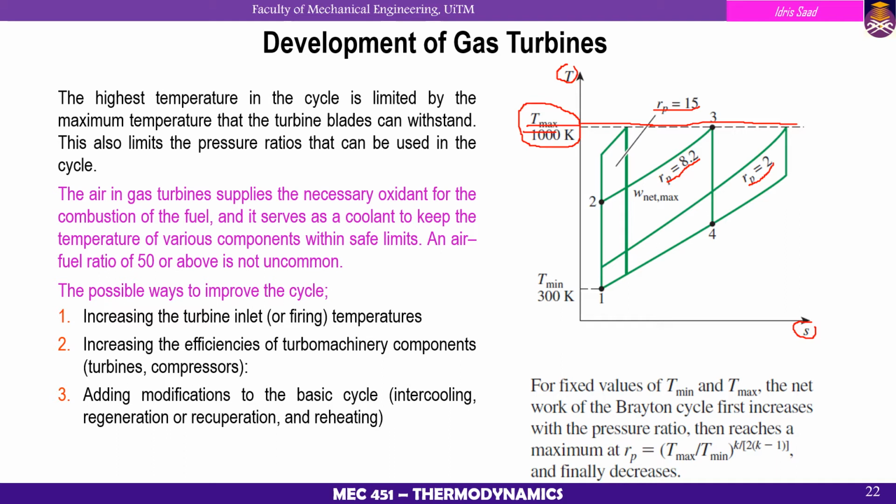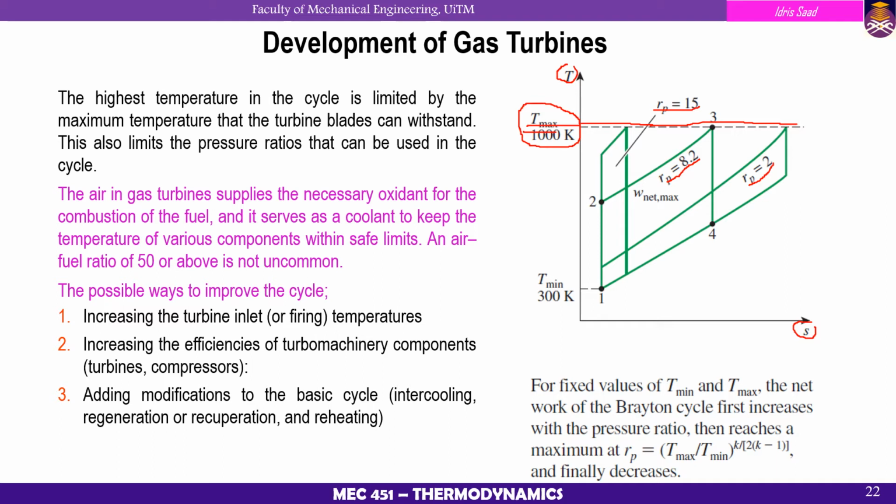This is because we need more air, first to combust the air-fuel mixture, and second to cool down the system or the components. That means the combustion occurs with excess air, and some of the air is used to cool down the components inside the gas turbine engine.